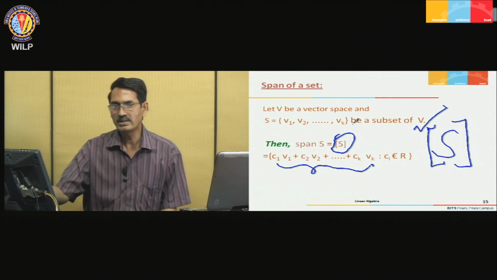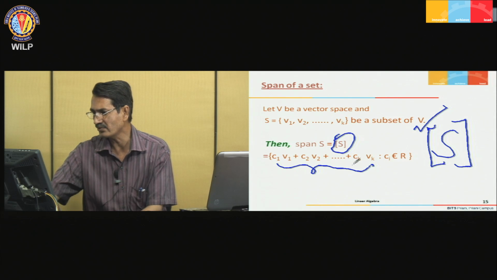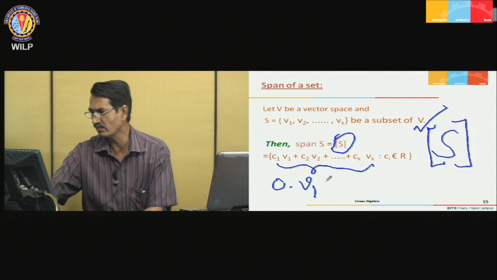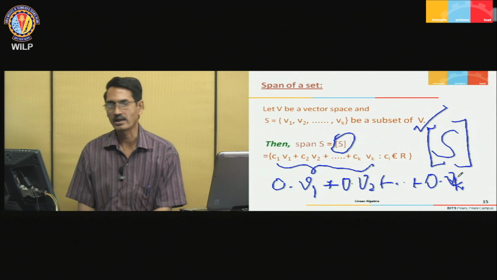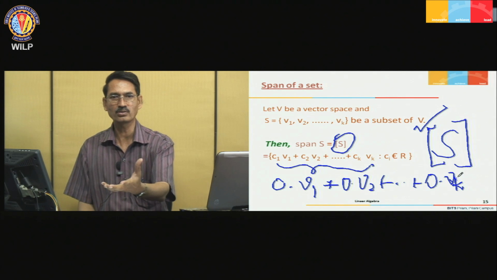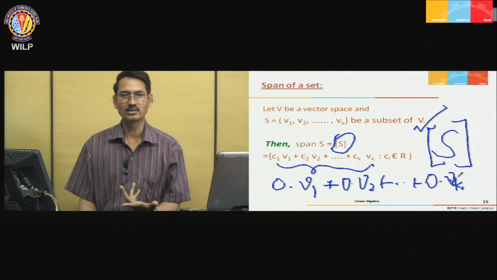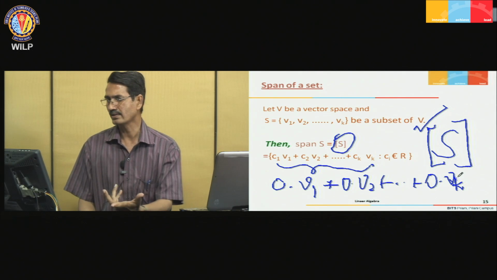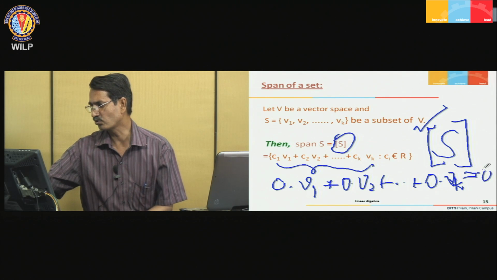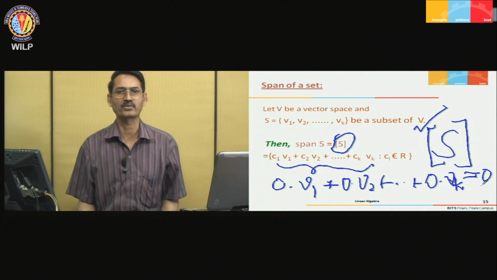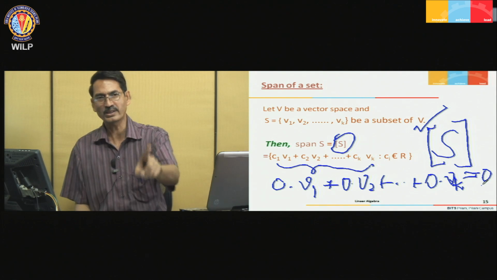And in a linear combination, if you take c1, c2, ..., ck all 0, what do we get? 0 into v1 plus 0 into v2 and so on plus 0 into vk. So, this is also a linear combination of the elements of S, and that is equal to 0, and this shows that 0 is an element of the span of S. Remember, 0 is not necessarily in S.